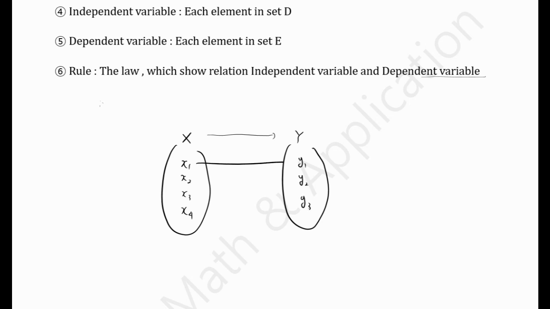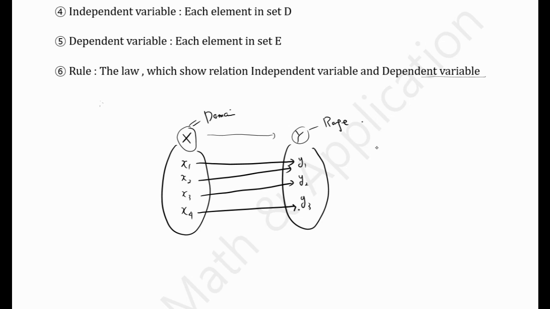X1 is mapping to Y1. X2 is mapping to Y1. X3 is mapping to Y2. X4 is mapping to Y3. So this set X is called domain, and set Y is called range.